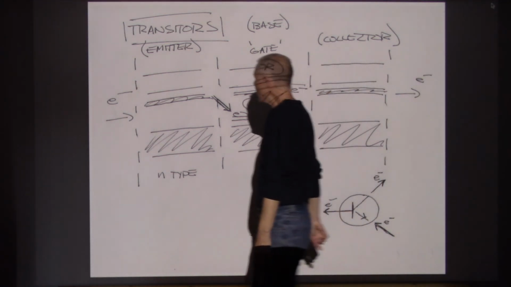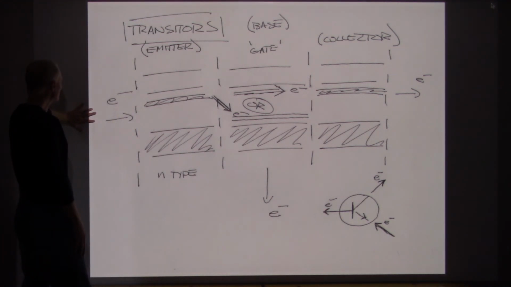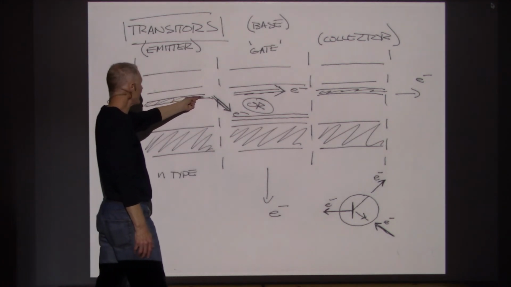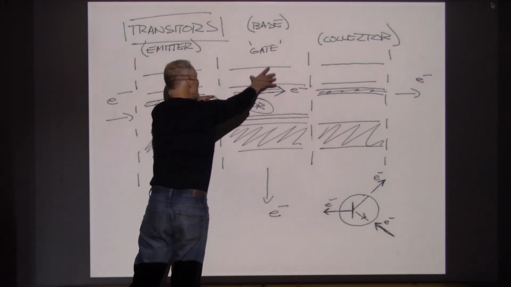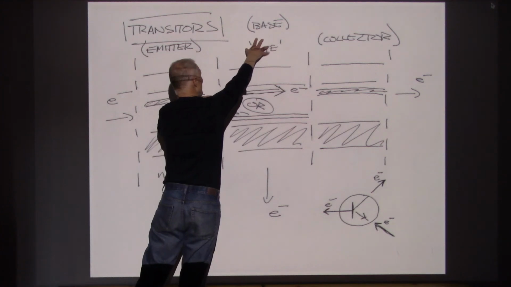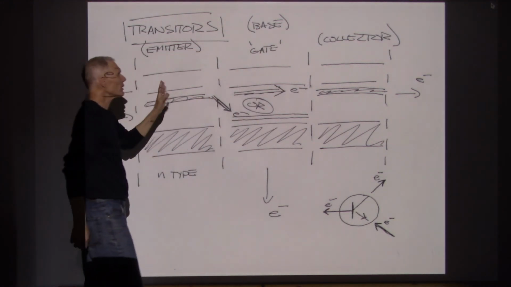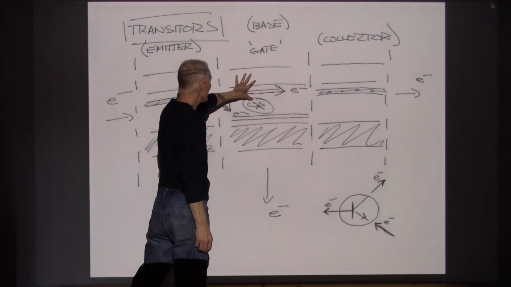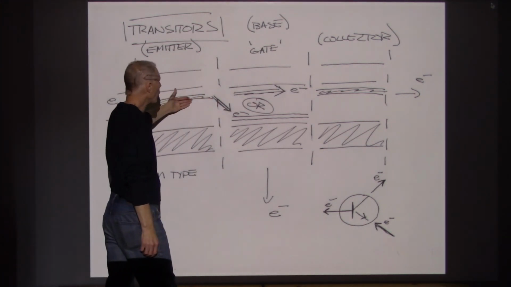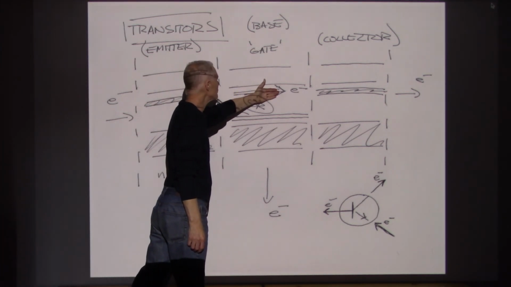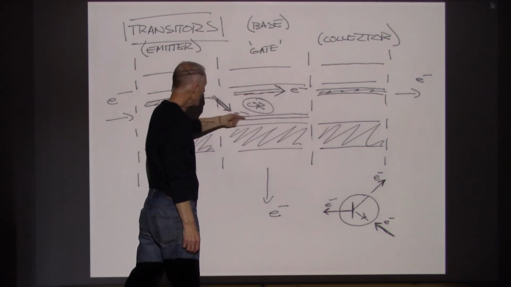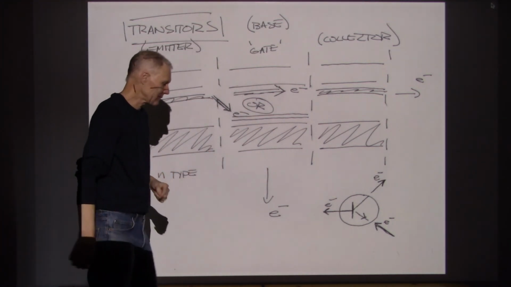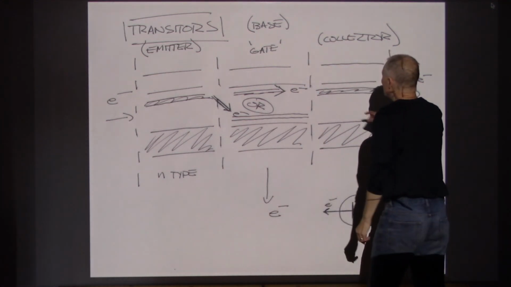Now, when I drive current into the transistor, the electrons are filling these states within the gap. When we get to this thin layer, this base on the transistor serves as kind of a switch gate. Depending on how thick this layer is, some fraction of the electrons will drop into the lower state and then be drawn away through a wire that's attached to the P-type material.